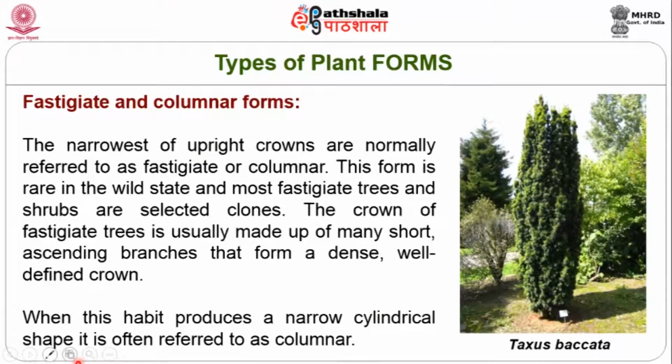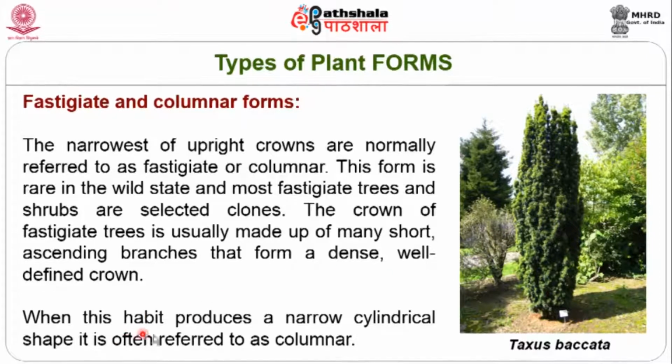Then you have other types like the fastigiate or columnar forms. Here you see that more ascending types of qualities are there. The crown of fastigiate trees is usually made up of short ascending branches that form a dense, well defined crown. So short ascending branches very close to the central stem is called fastigiate.